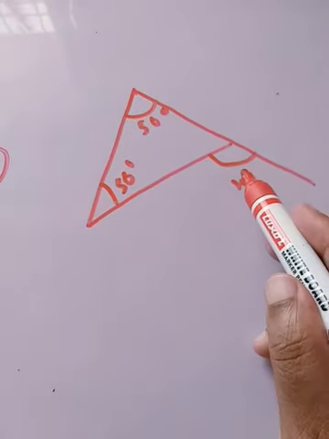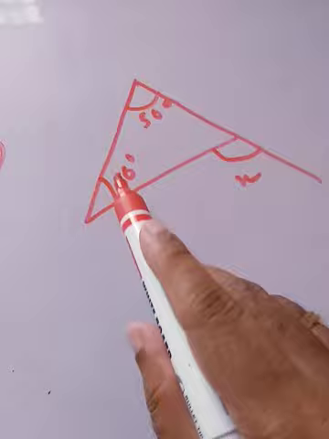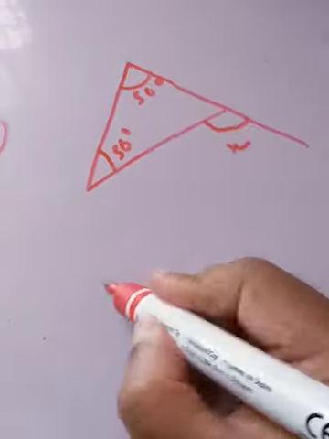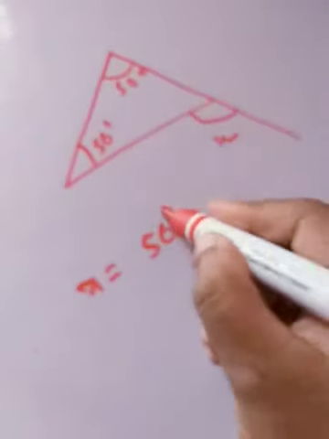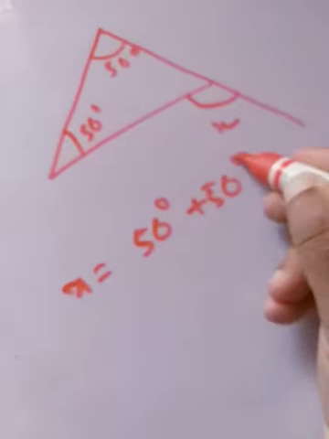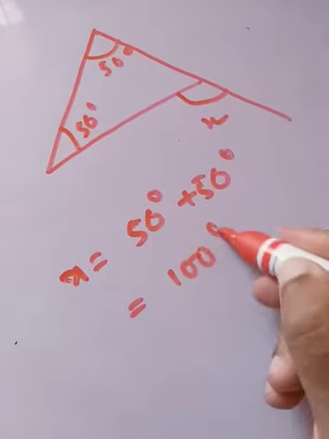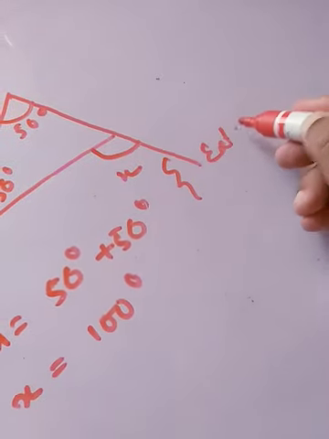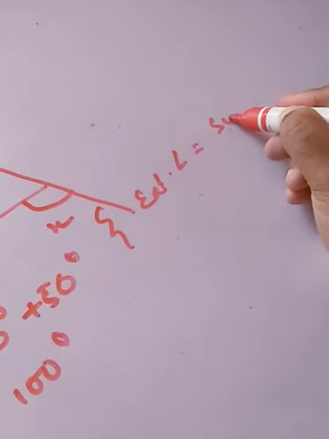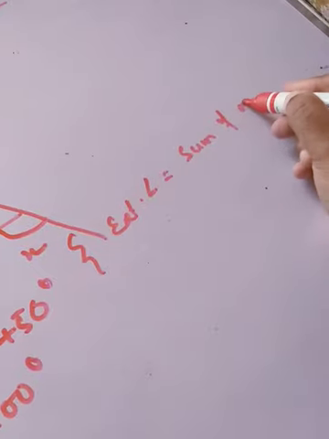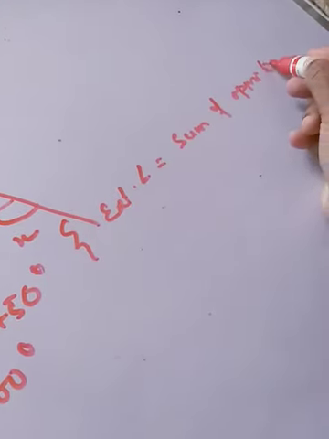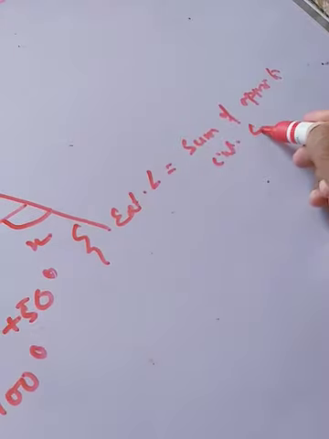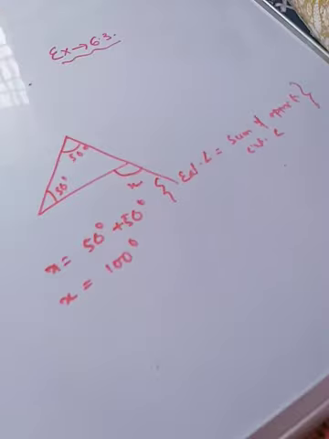So x is an exterior angle, so exterior angle is equal to the sum of opposite interior angles. So x is equal to 50 degrees plus 50 degrees, that is 100 degrees. So x is equal to 100 degrees. Now again you have to give the reason: exterior angle is equal to the sum of opposite interior angles. So this is what we have to do.